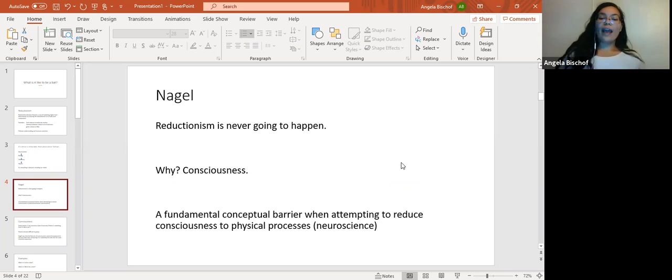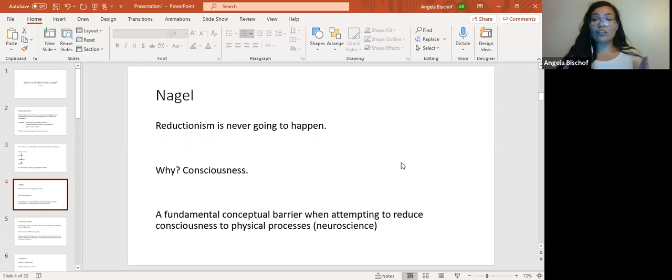So it's not that we haven't figured out yet how to reduce it, or that we're not smart enough. We just need to learn more and then we'll be able to reduce it. And it's not that neuroscience is just in its infancy and still needs time to grow and then we'll be able to figure out how to reduce it.